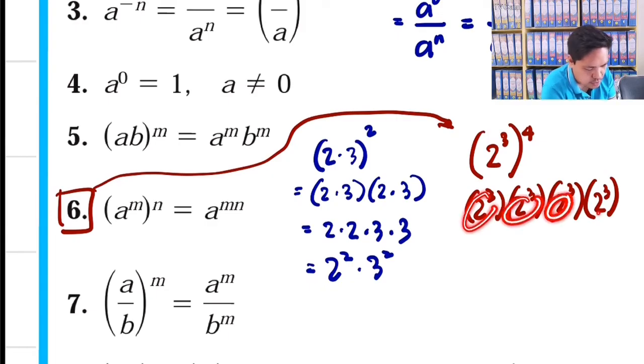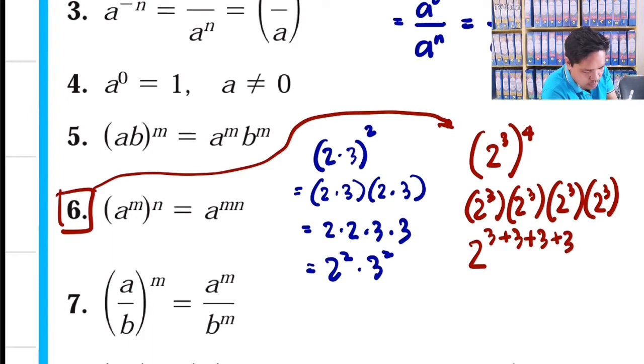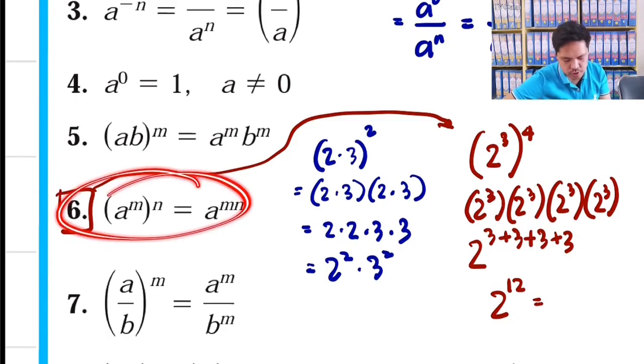Pag pareho yung base, we just add all the exponents. So, 3 plus 3 plus 3 plus 3, which is 2 raised to 12. And 12 is just 3 times 4. So, yun yung illustration for this property.